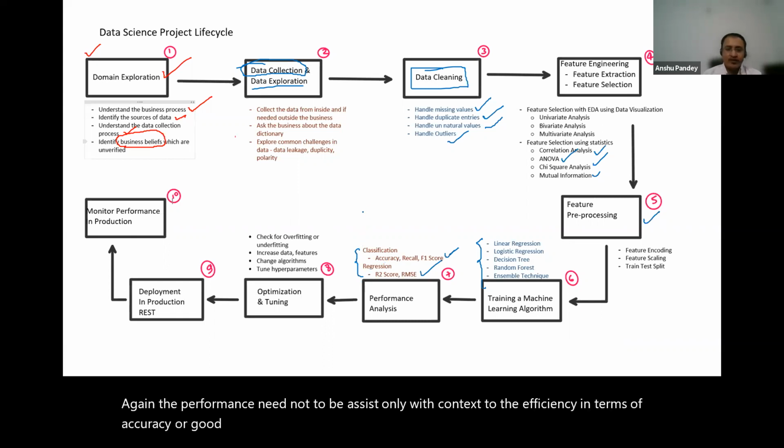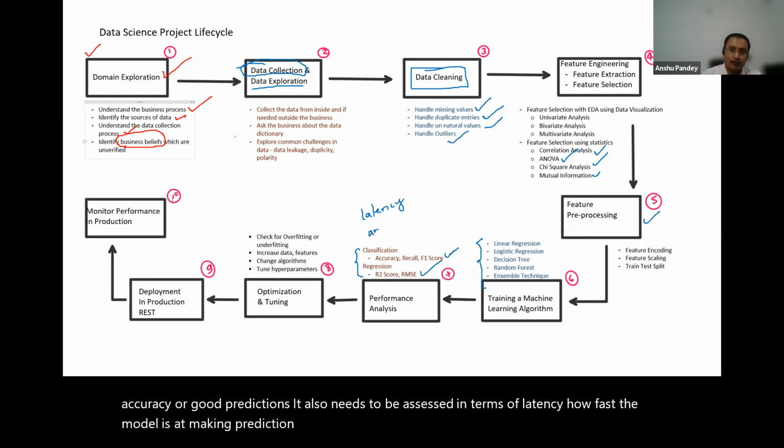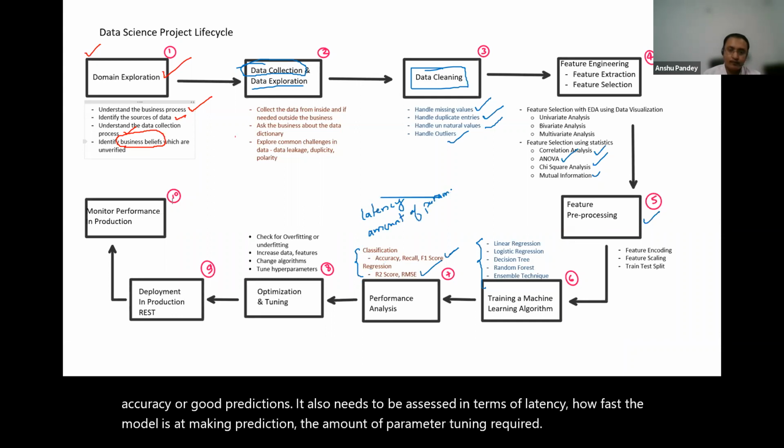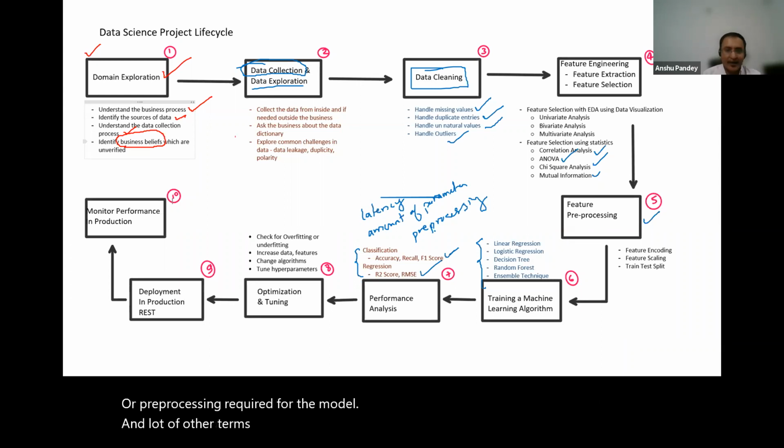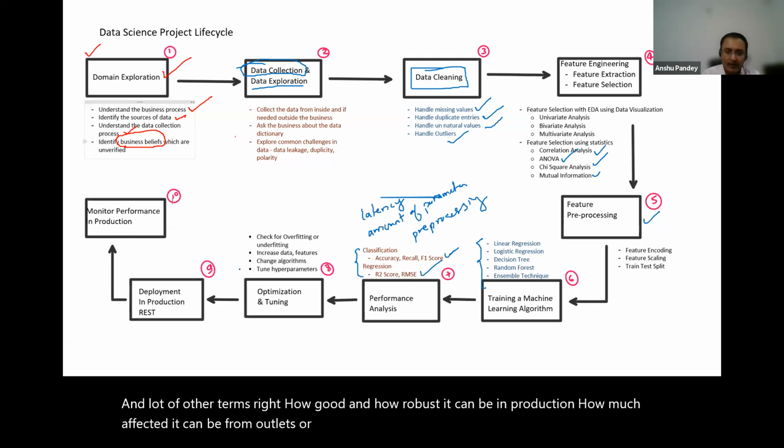It also needs to be assessed in terms of latency, how fast the model is at making predictions, the amount of parameter tuning required, or pre-processing required for the model, and a lot of other terms, right? How good and how robust it can be in production, how much affected it can be from outliers or unnatural values. At the same time, then it goes in optimization tuning.